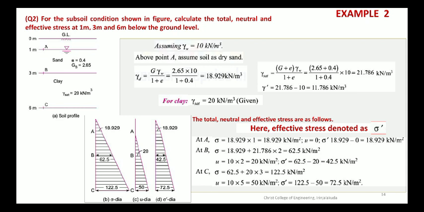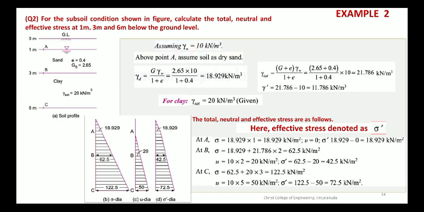Then we have to find out gamma d. So we have to use the formula that we have studied in our first module. Gamma d is equal to G gamma w divided by 1 plus e. Gamma d means the unit weight of a soil mass which is dry. And what is gamma s? Maybe the unit weight of the soil particle, single particle.